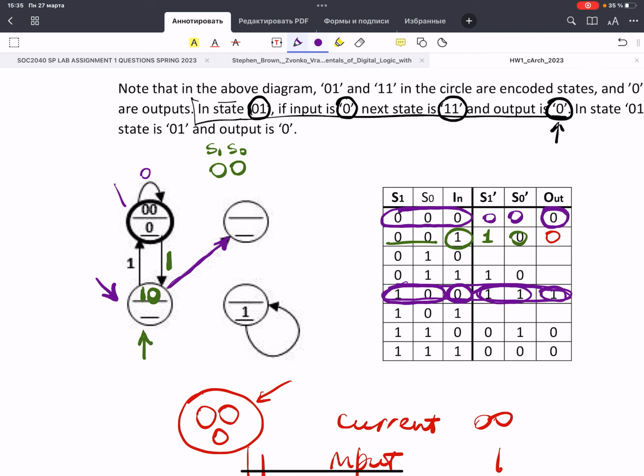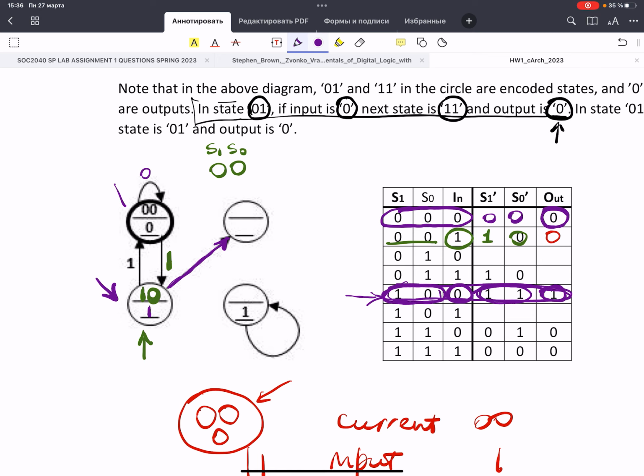If we take this as an example, or as our next starting point for our guess, the output is always below the current state. The current state is 1, 0, so the output should be here.